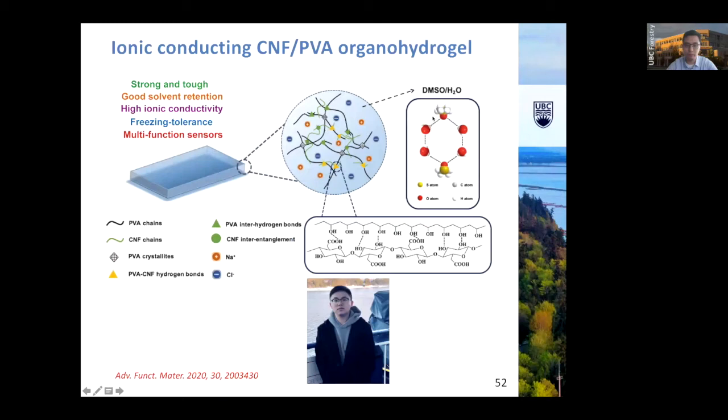We also use a binary solvent system, DMSO and water, which introduces shrinkage of the structure to make it more condensed, giving nucleation for the PVA, and also introduces anti-freezing properties. We also have sodium chloride in there serving as the ionic conducting species.